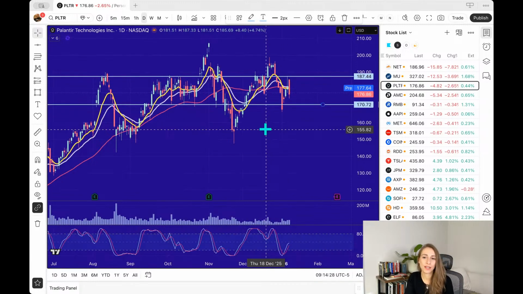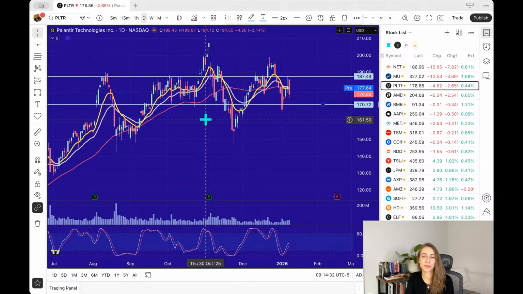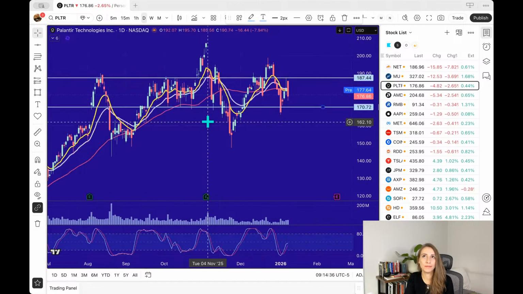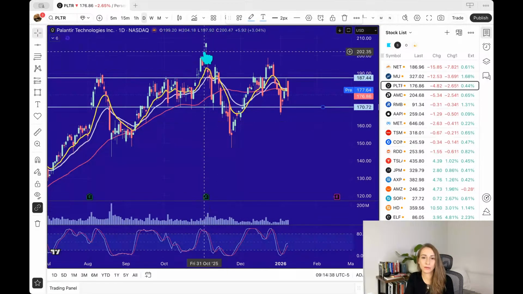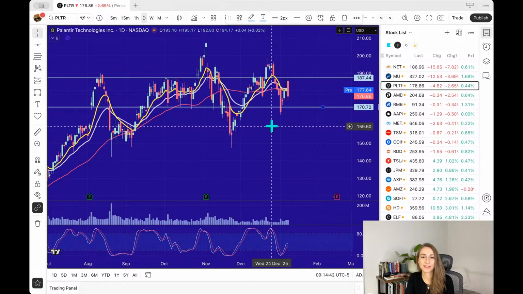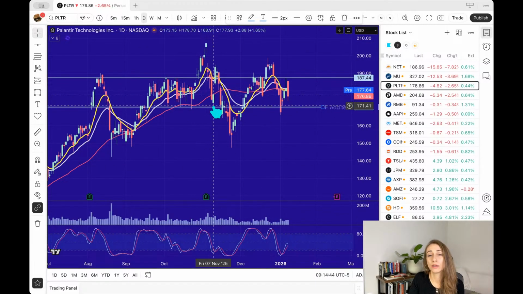If you're buying for the longer term, it does matter where you get in. You're not trying to be in here and then sit in red for the next few months. So there are better areas where you can get in.